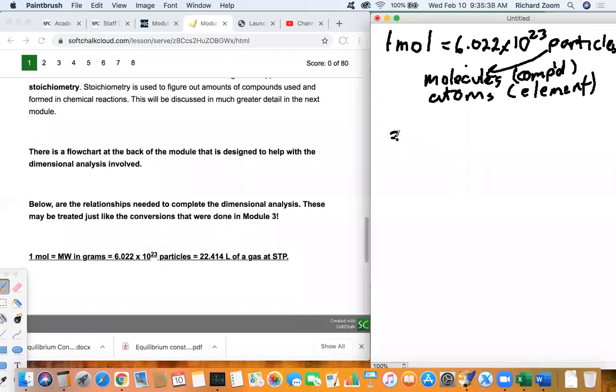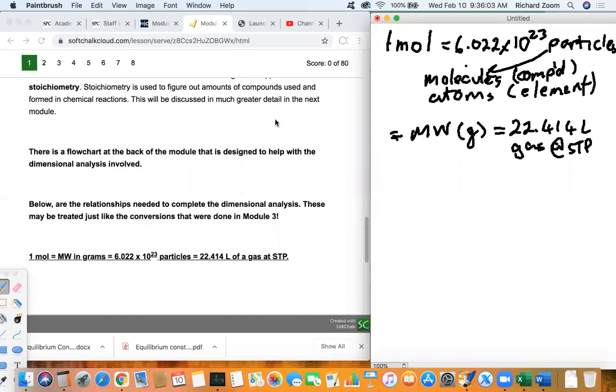This also equals the molecular weight in grams of a compound, and it also equals 22.414 liters of a gas at STP. So those are the main conversions we'll be using.